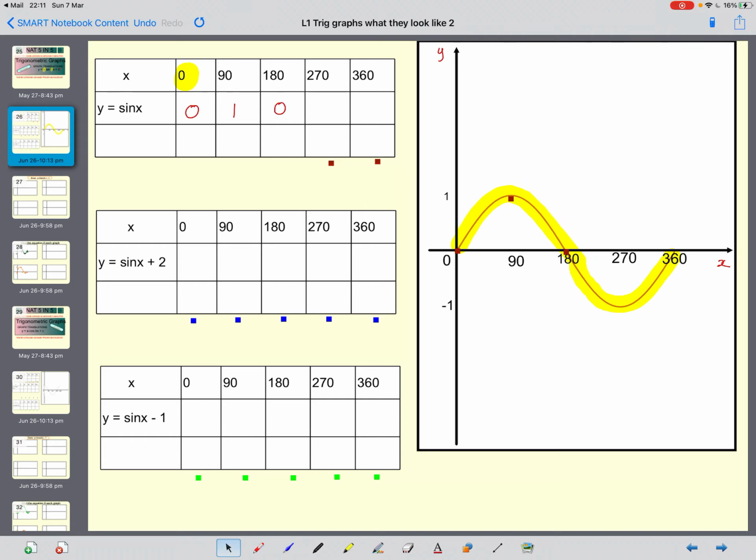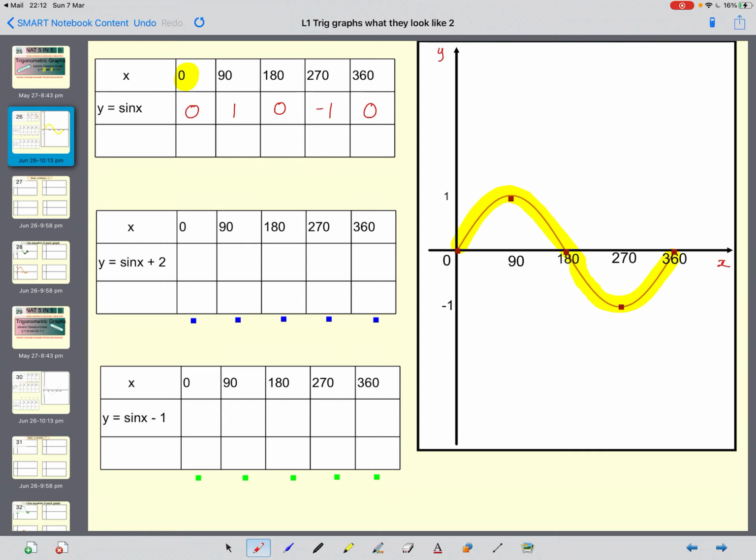When my x is 270, my y is -1. And when my x is 360, again it's on the x-axis, so my y is 0. So just look at those points there.